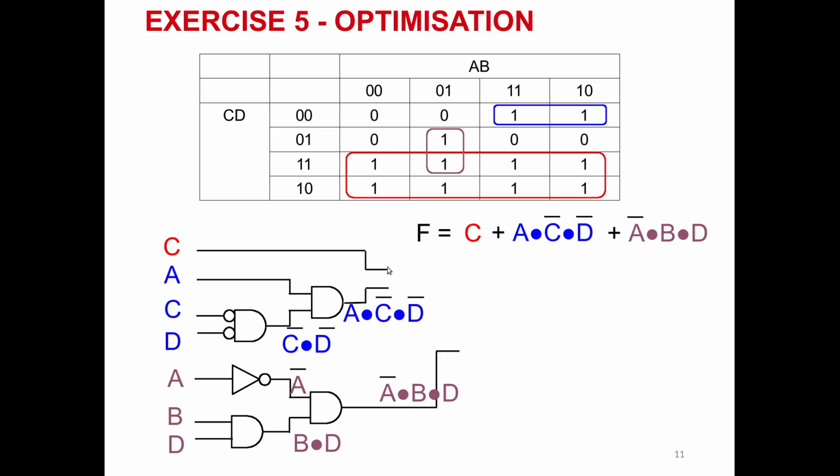So now we have C here, A and not C and not D here, not A and B and D here, and we need to OR all of them together.